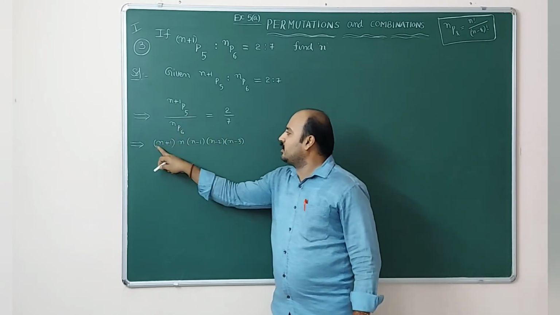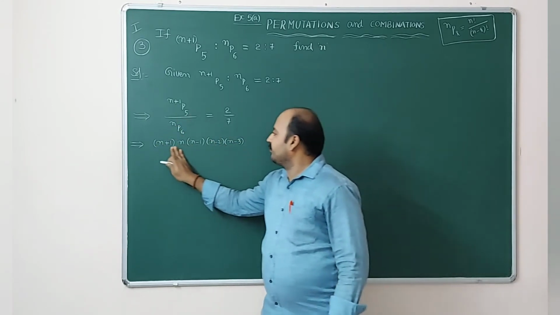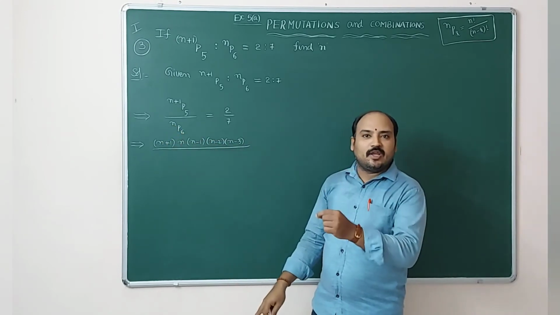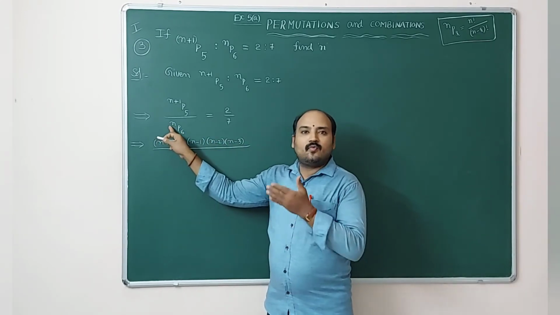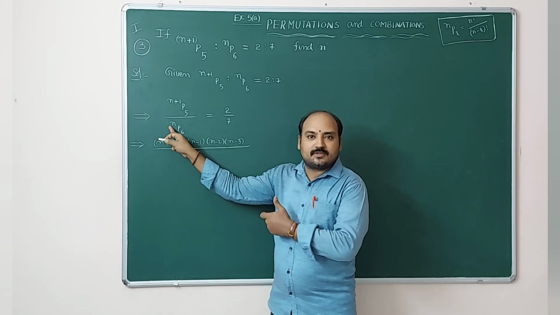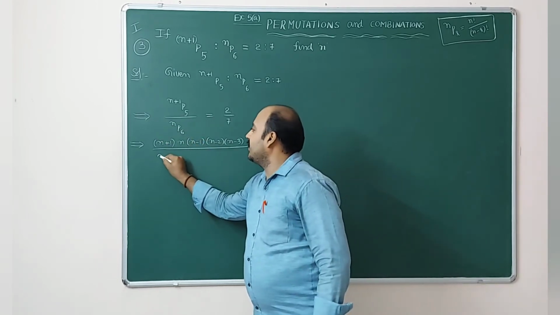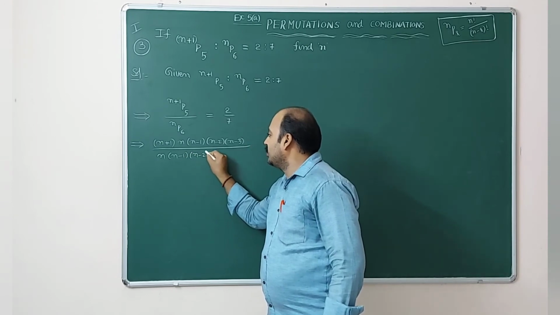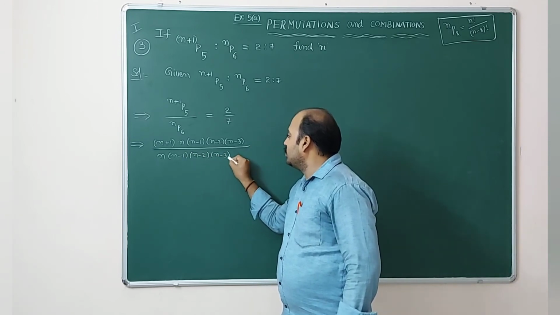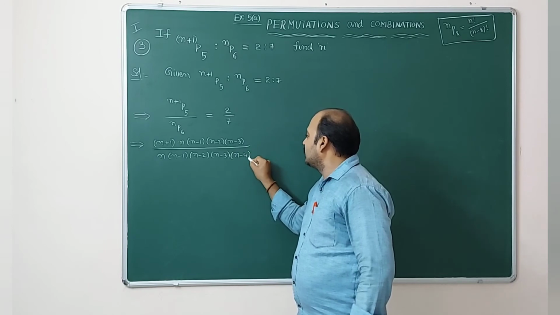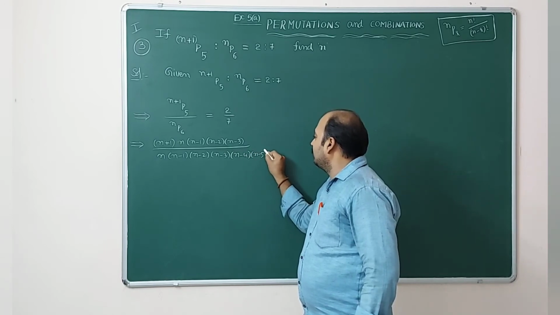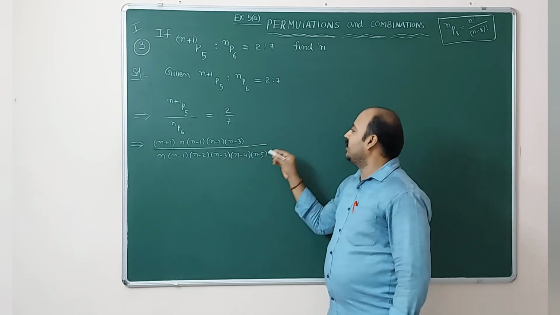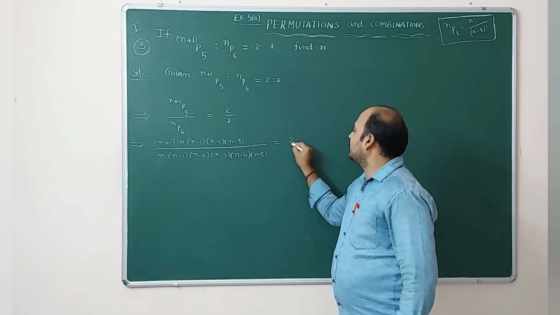Because here 5 is there, the product of 5 terms, divided by nP6, including n, product of 6 terms including n in the decreasing order, n into (n-1) into (n-2) into (n-3) into (n-4) into (n-5). We can stop it there. Why? Because product of 6 terms including n in the decreasing order, which is equal to 2 by 7.